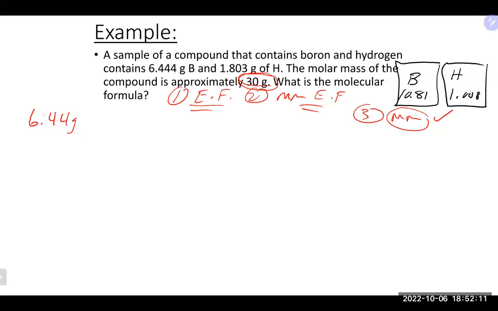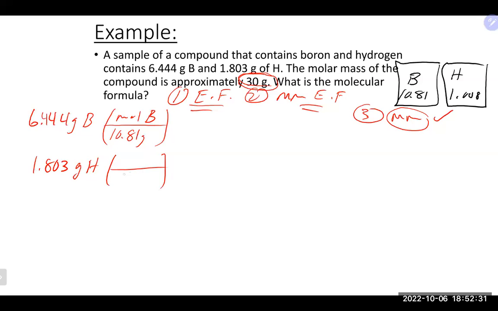We have 6.444 grams of boron, and we're going to convert it into moles. That'll be 10.81 grams per mole of boron. We're going to do the same thing with hydrogen, 1.08 grams of hydrogen, at 1.008 grams per mole of hydrogen.